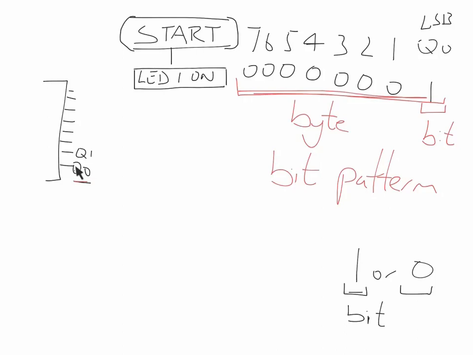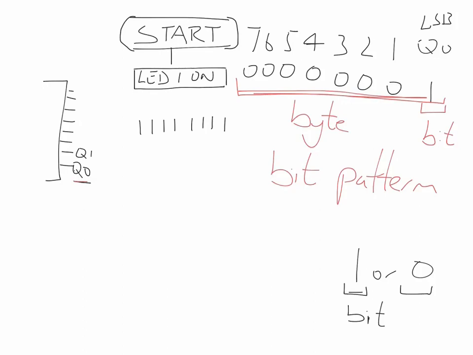So if I wanted only Q0 on, it would be 1, 0, 0, 0, 0, 0, 0, 0. If I wanted them all on, I would write a code of 1, 1, 1, 1, 1, 1, 1, 1.